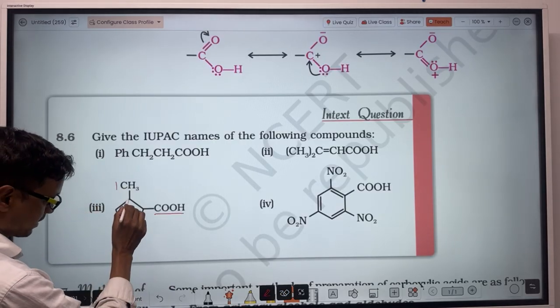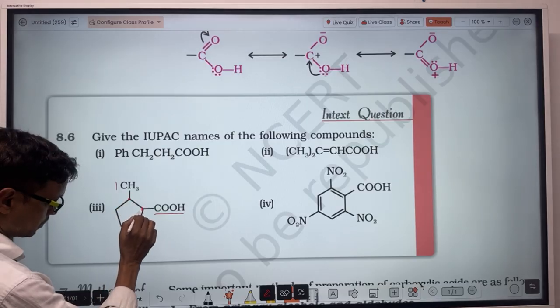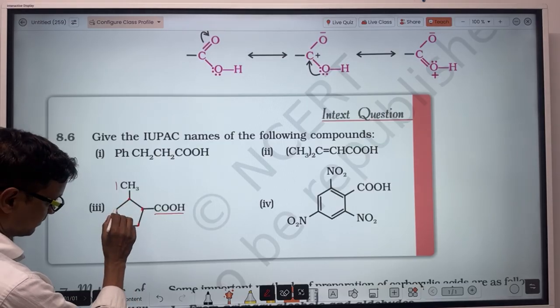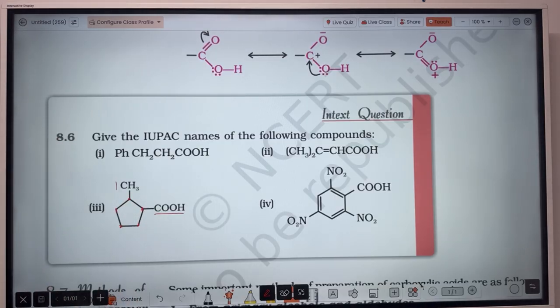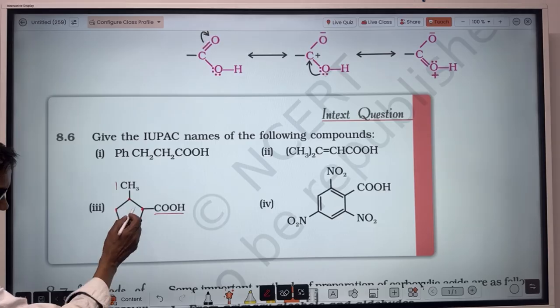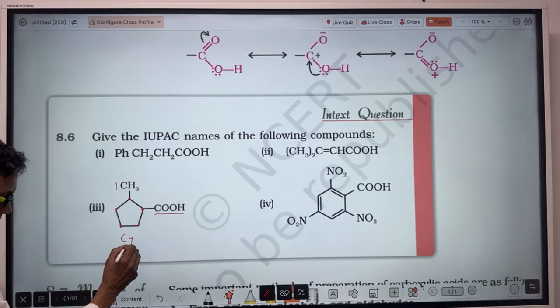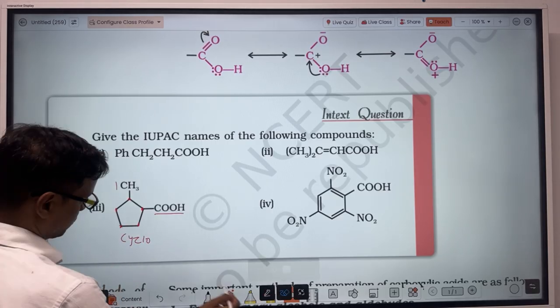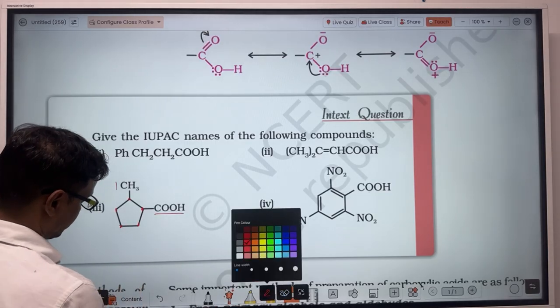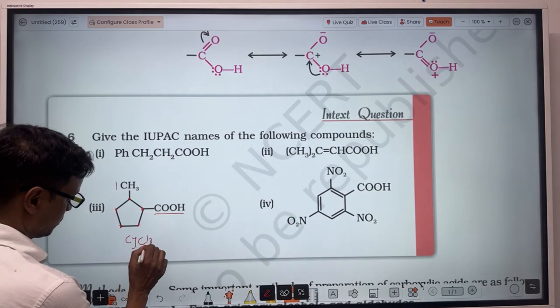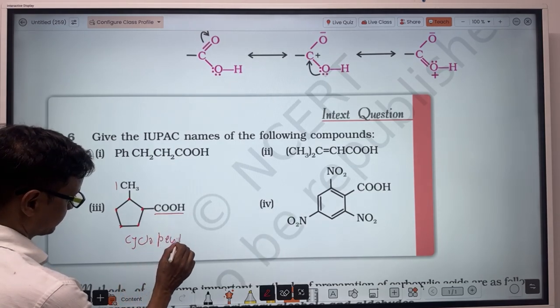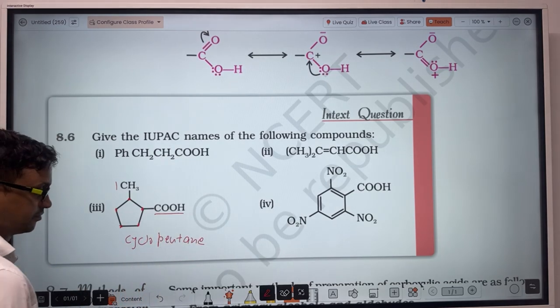In the ring there are 1, 2, 3, 4, 5 carbons. So the number of carbons in the ring is 5, and cyclo means ring, so it will be called cyclopentane.